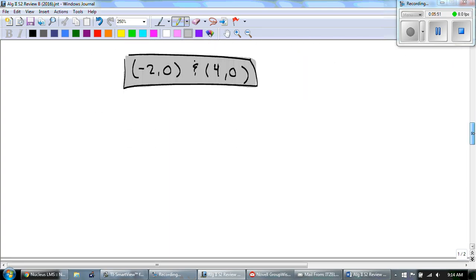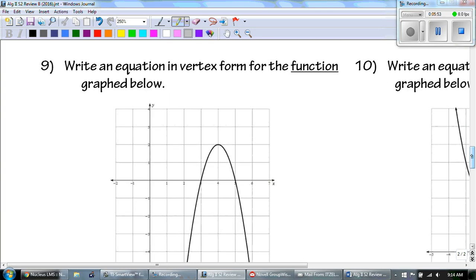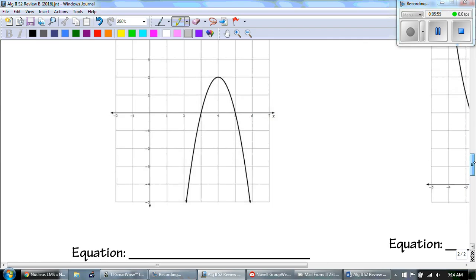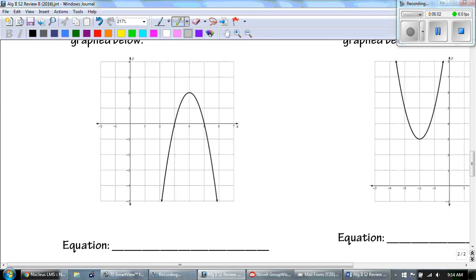All right, let's go ahead and flip it over. So we have to write an equation in vertex form from the function graphed below. So we need to try to find, that's our vertex. It's not down 1 over 1, it's down 2 over 1. And it doesn't look like it's going to complete the pattern, but that's our negative 2.